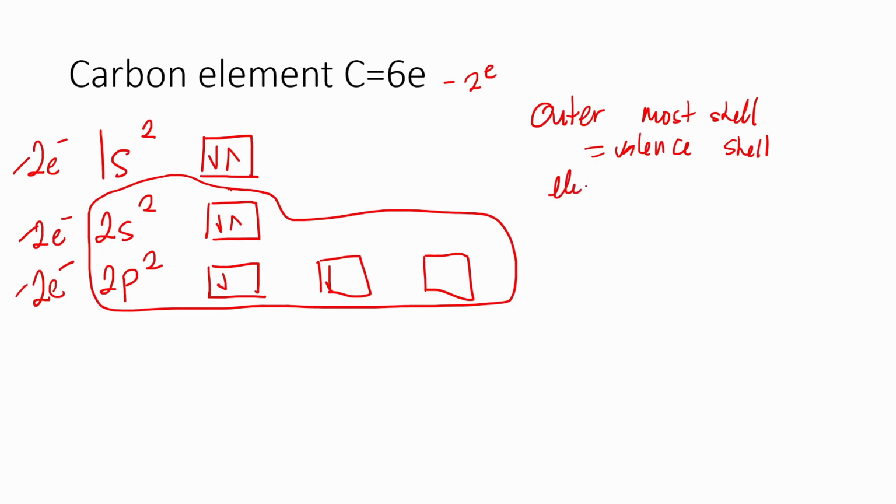And the electrons on the valence shell are called your valence electrons. Okay, this will have a greater purpose later in bonding and in our reactivity. So for our carbon, it has 4 valence electrons.